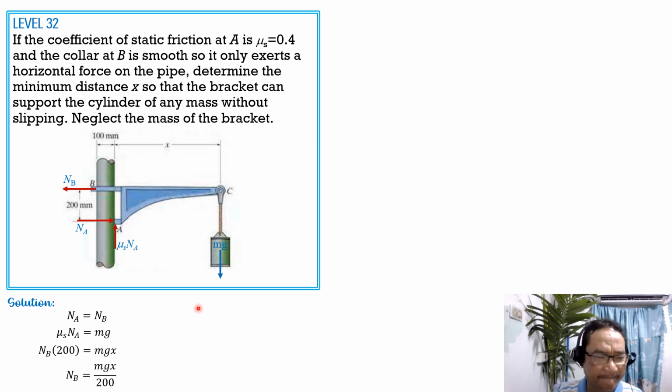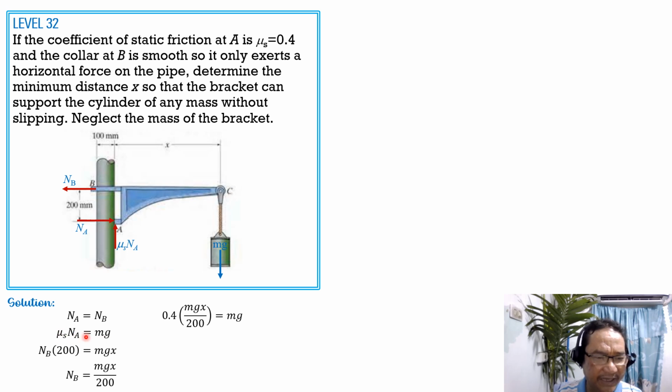And take note that Na equals Nb. So mu sub s times Nb, Na, which is equal to Nb, into this equation.